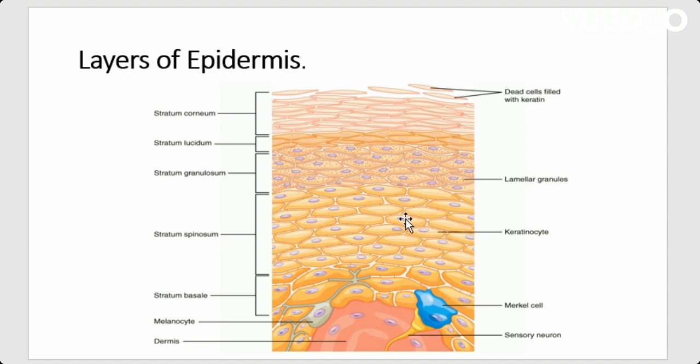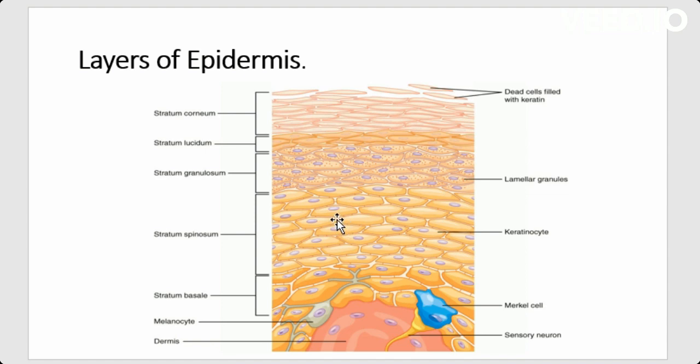Within the epidermis, there are different cells which provide different functions. For example, there are melanocytes, which function to produce melanin. The melanin is a pigment, the dark pigment, which is secreted from melanocytes and is being distributed to the keratinocytes, which are the cells making up the skin.